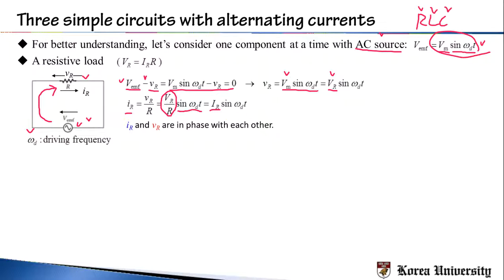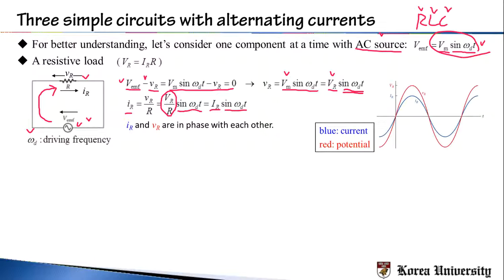Okay, so what we learn from here is that when the driving AC source has a sine time dependence, then across the resistor the potential will also be a sine function, and the current will also be a sine function. Okay, so we can actually draw the graph to take a look at it. In this graph, the horizontal axis is the time, and the red curve is the potential, and the blue curve is the current.